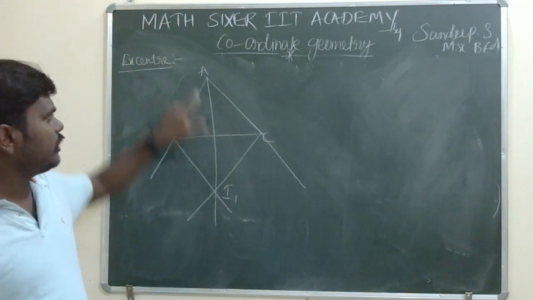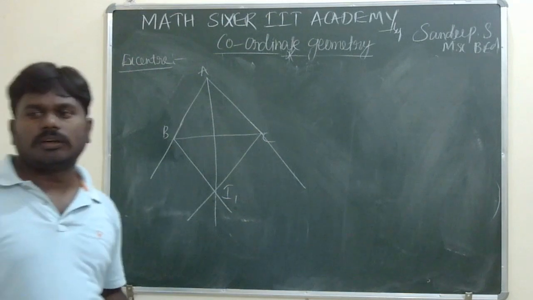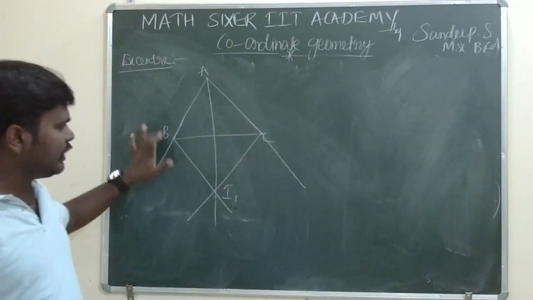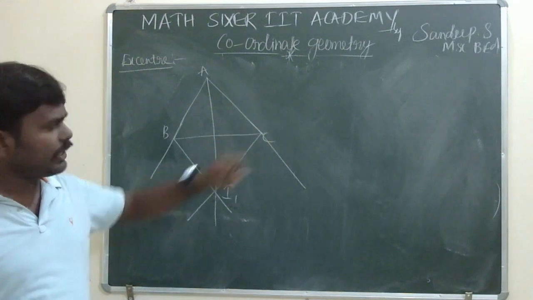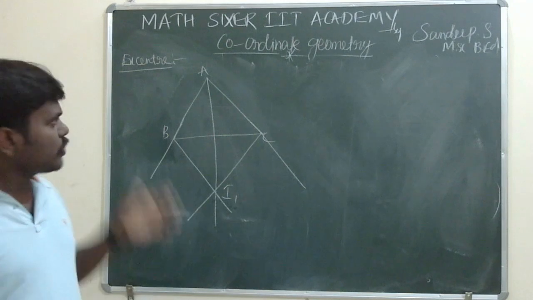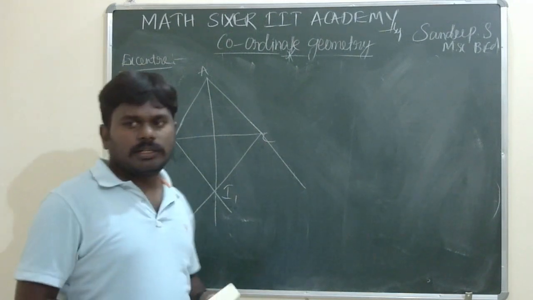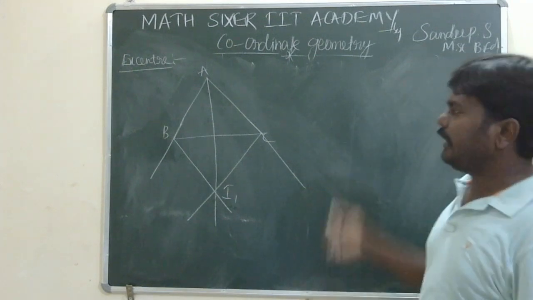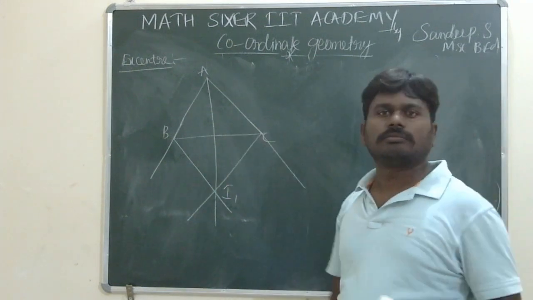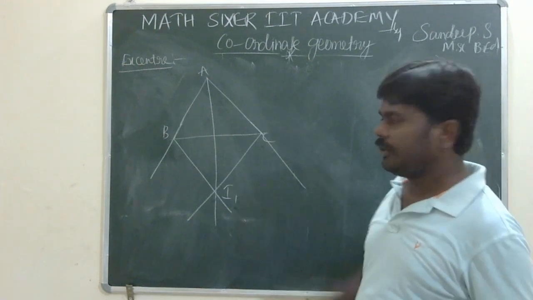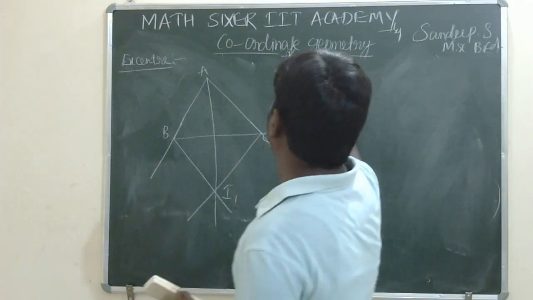I1 means the one which is opposite to vertex A. If it is opposite to vertex B, then it is I2. If it is opposite to vertex C, then it is I3. It will come like this side. So what is the excenter? The point of intersection of two external angle bisectors and one internal angle bisector is the excenter, which is denoted by I1. Simply, I will give the formula for I1.